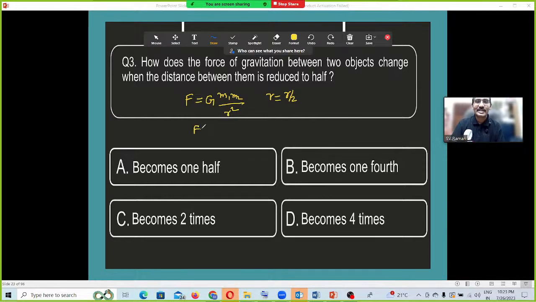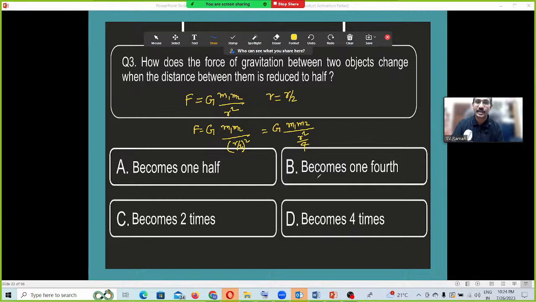So F is equal to capital G m1 m2 by r by 2 whole square. Don't forget this, children. So now again a logic over here: capital G m1 m2 by r square by 4. Always be careful. There are two options that look similar.